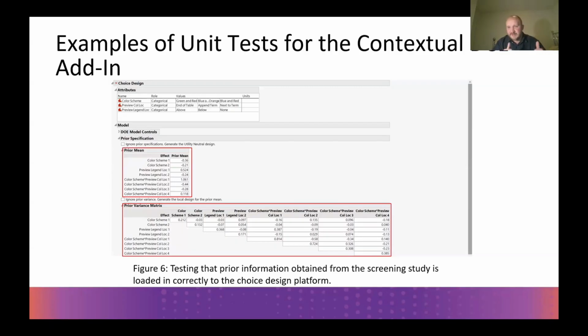So if those two matched, then we knew that we were bringing this prior information into the choice designer correctly. And if there was a mismatch, we knew that something was going wrong. And so thankfully, we found that we were correctly loading in the correct prior information.